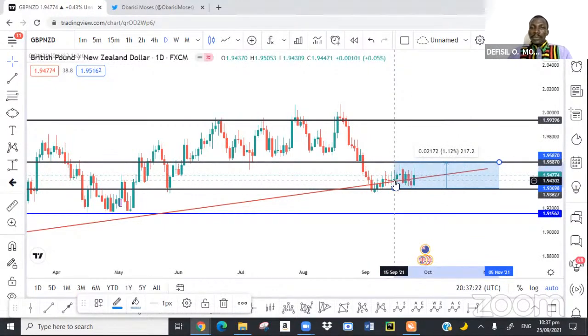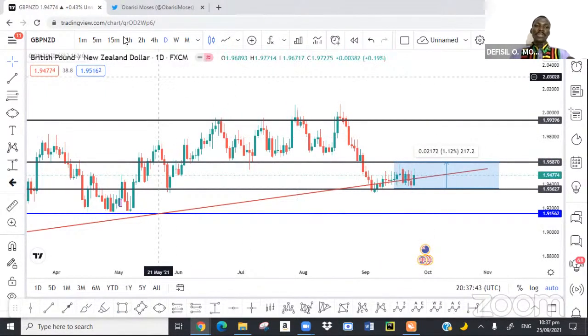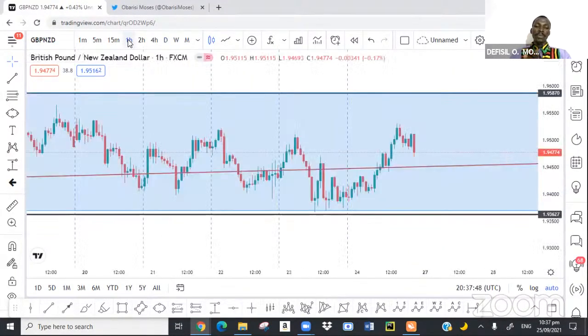If we are a range trader, we have to consider following this zigzag movement, which is a mini range. But he that trades on the 1 hour will see that movement as a full-blown uptrend.